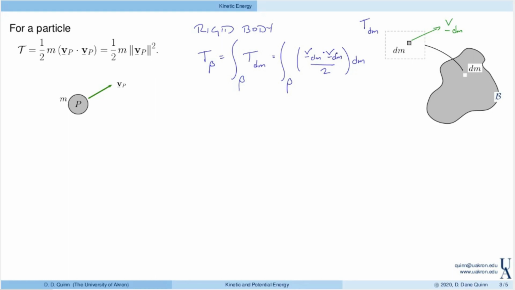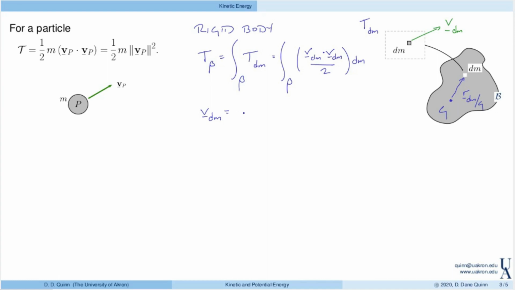But how do we find this quantity, right? Because each particle could have a different velocity. Well, we're going to go back and make use of some of the stuff that we had done in dynamics, right? So if we think about a point G, which is the mass center, then the position of dm with respect to G we'll write as r dm with respect to G. So then, if this is a rigid object, we can express the velocity of every point in the following way.